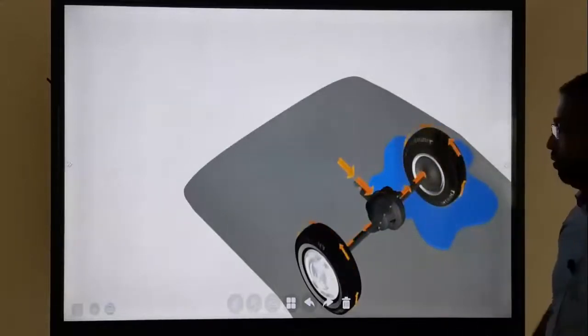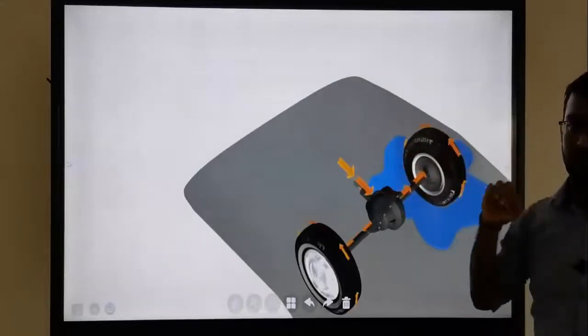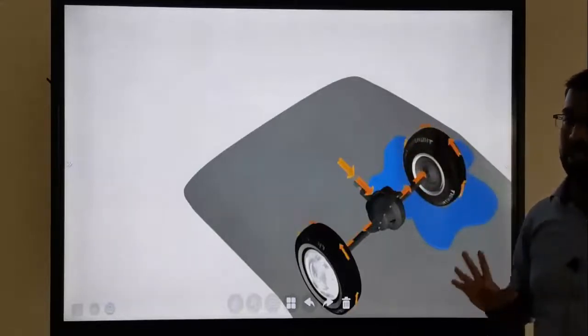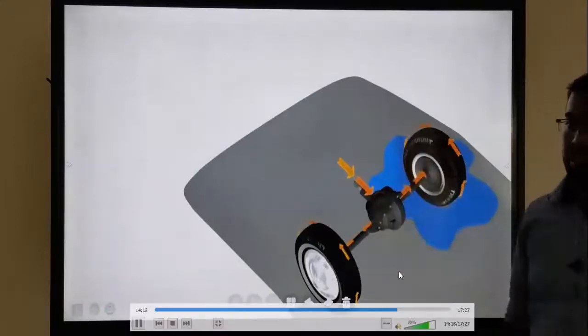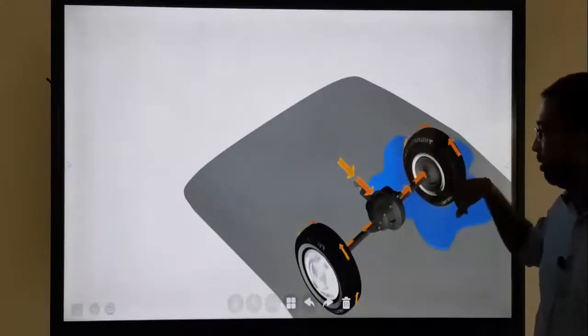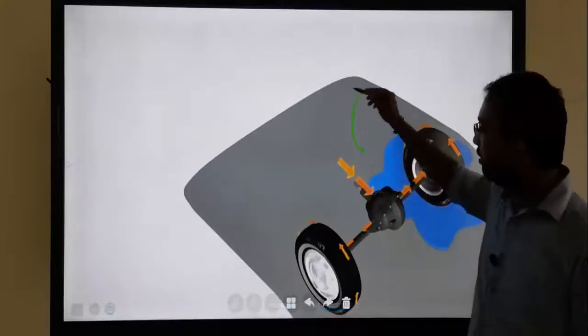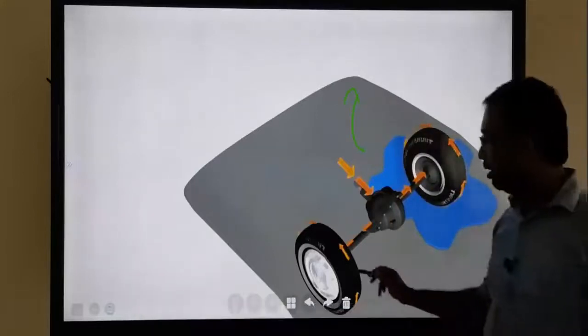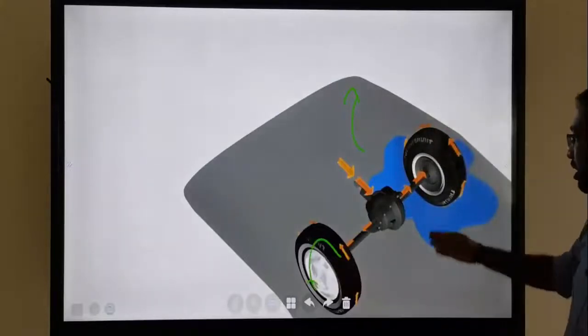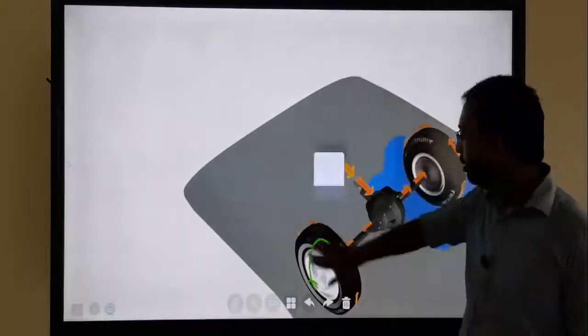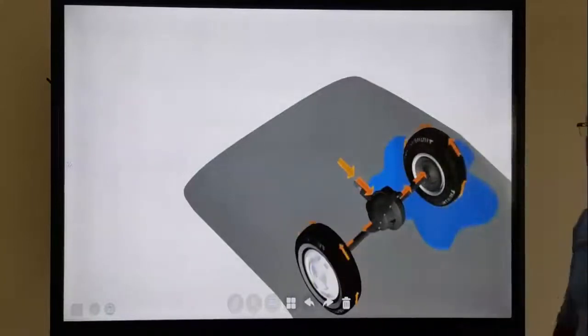So when you are turning the vehicle, the road should be the same condition. If one side is slippery, and we are turning to the right, this left wheel should rotate at high speed. But if it is a slippery track, what will happen?